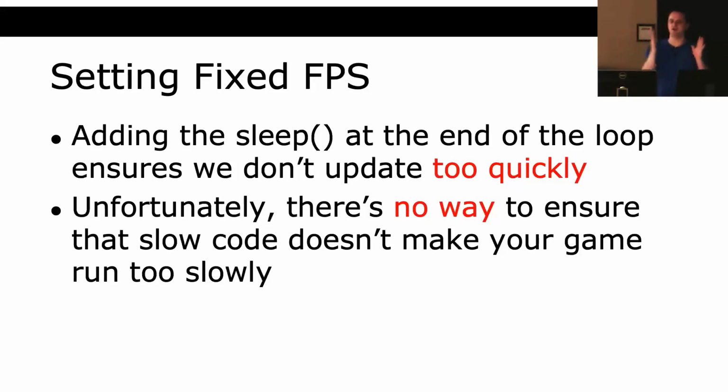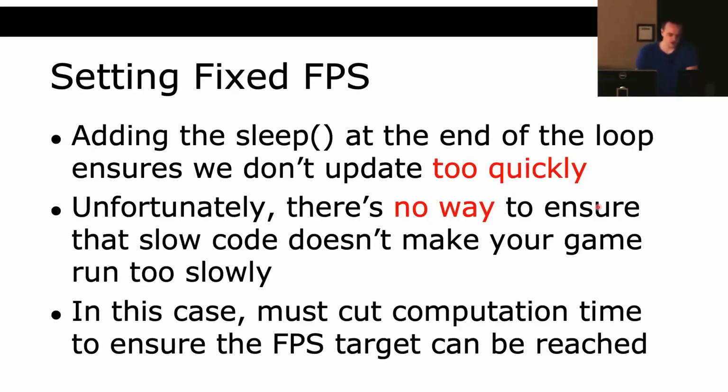So you test it on a bunch of hardware. This is why you have QA at your company. They say, oh, it's running slow on my machine, and you keep optimizing. You have to cut some computation or optimize stuff to make it run faster. There's no command that you can run that just says, make my code run faster. All right.